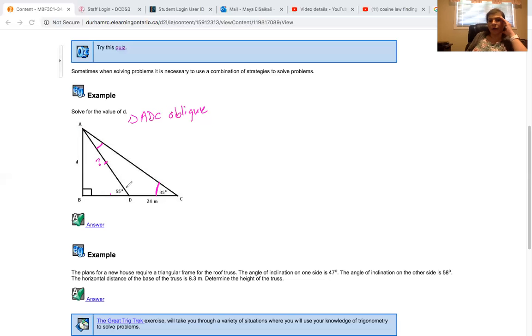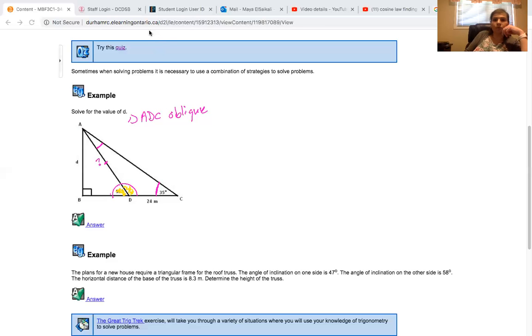Now, I know that this is 55. 55 plus this angle here, I'm going to color them in yellow. That 55 degrees and this angle, both of them together make 180 degrees because they're forming a line.